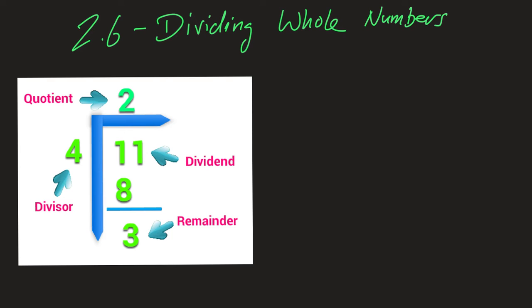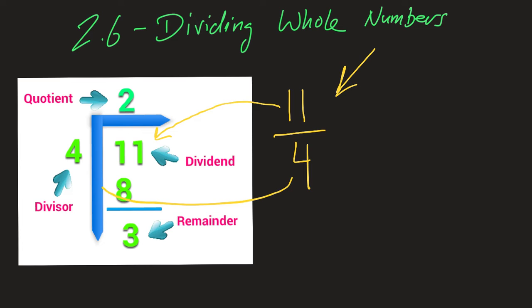So let's show a division problem that doesn't look like this. If we have 11 divided by 4, and I write it like this, it looks like a fraction, right? That can be translated into this problem, where the 11 is the dividend, and the 4 is the divisor.